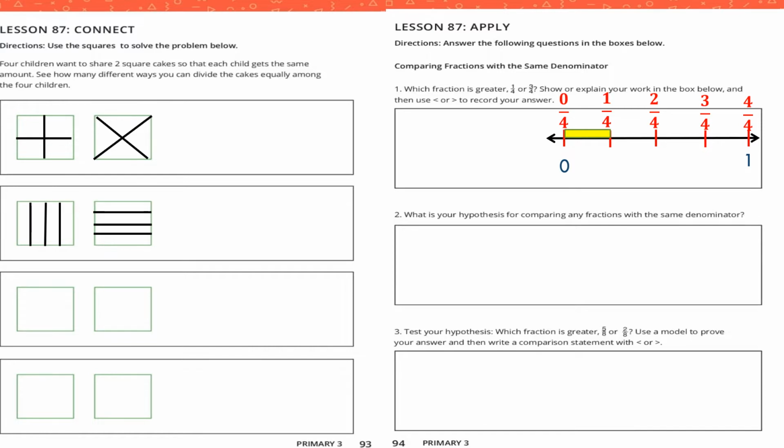Let's locate 3/4. Also, you must start from 0 over 4 to 3 over 4. Here, which is big, the quarter distance or the 3/4 distance? It's clear, 3/4.